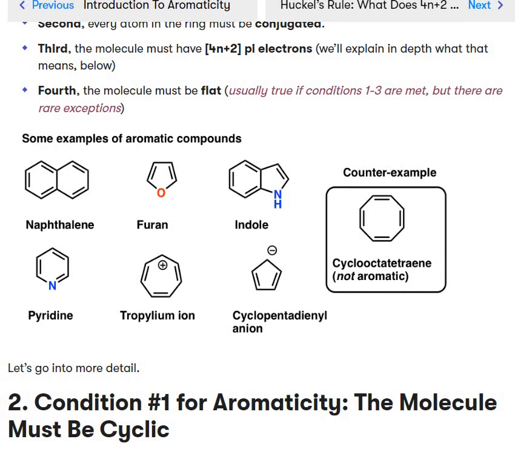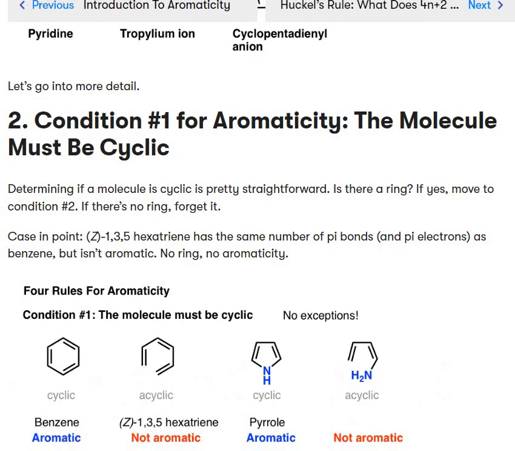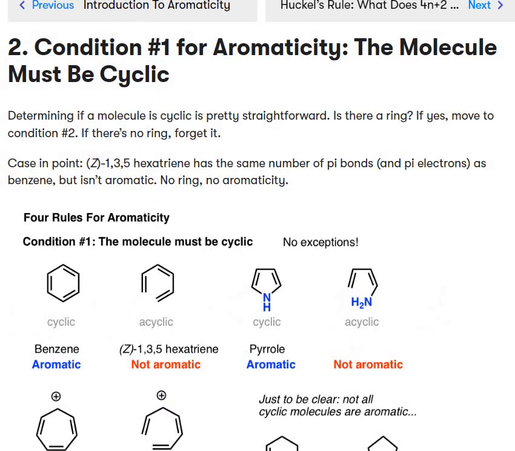Some examples of aromatic compounds here: naphthalene, furan, indole, pyridine, tropylium, and the cyclopentadienyl anion. Counterexamples like cyclooctatetraene are not aromatic. So condition 1 for aromaticity: the molecule must be cyclic.